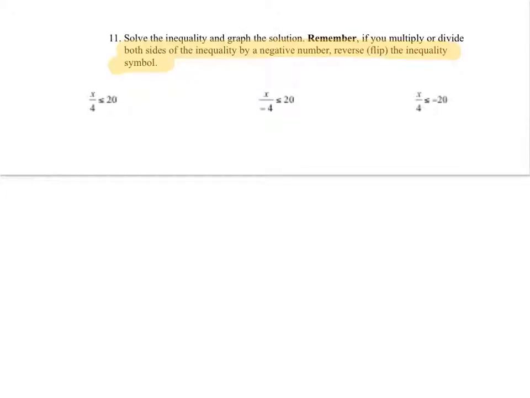So let's do this middle one together. You're dividing by -4, so we have to multiply both sides by -4. I get x is -80.